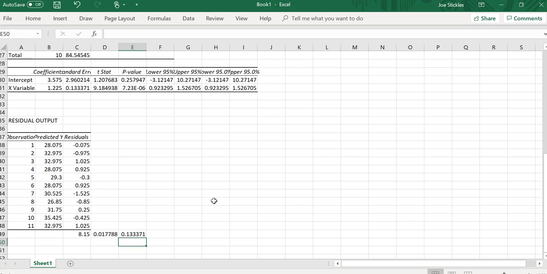Now, if I've done everything correctly, this is beta hat up here that I just highlighted. The 1.225, that was the slope that was calculated. And if I divide that by this number we came up with, hopefully we'll get 9.1849.